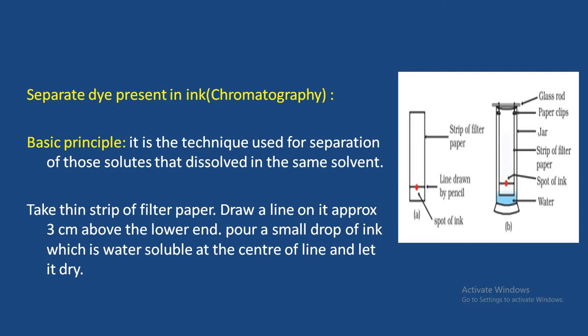When the filter paper absorbs water, the color components which are present in this ink, the color which is more soluble, whose solubility is very high, will be separated faster, or we can say will separate first as compared to others whose solubility is less. And in this way we can easily separate the different components which are present in a dye.